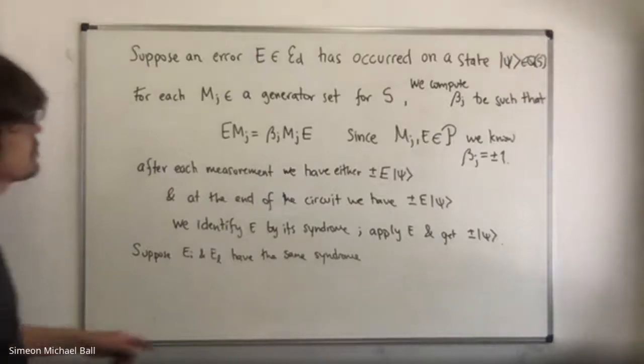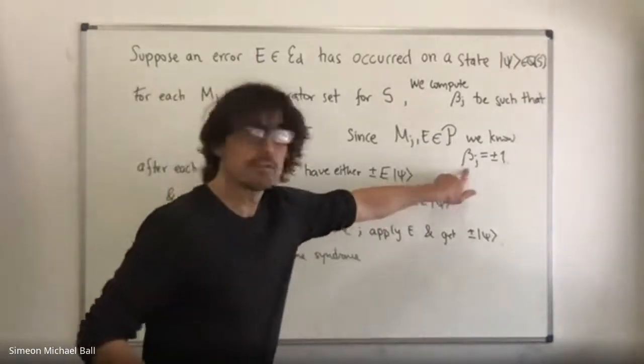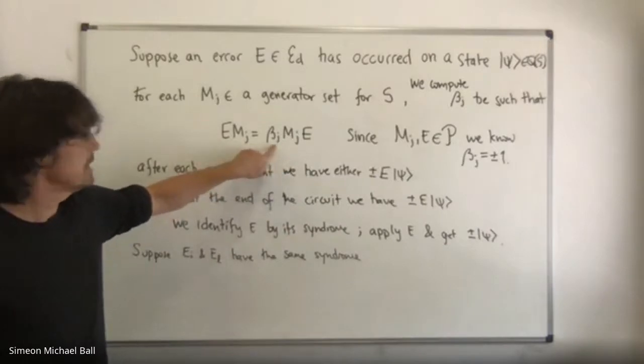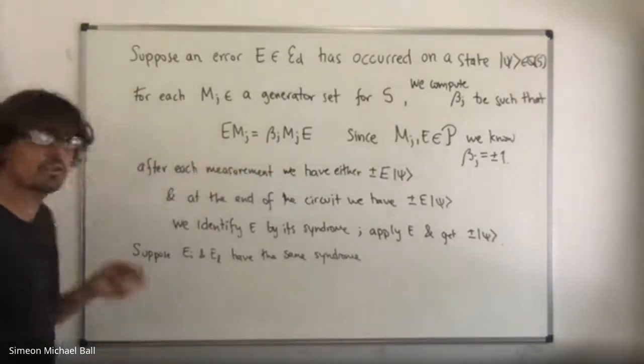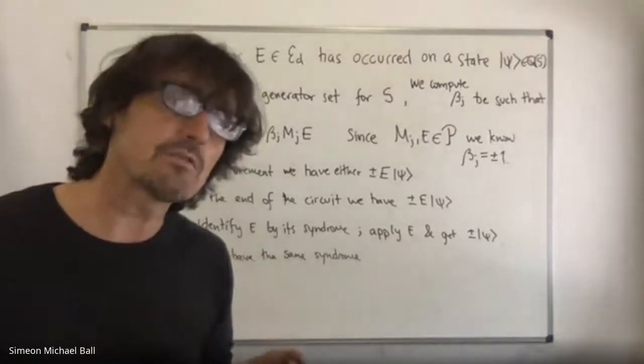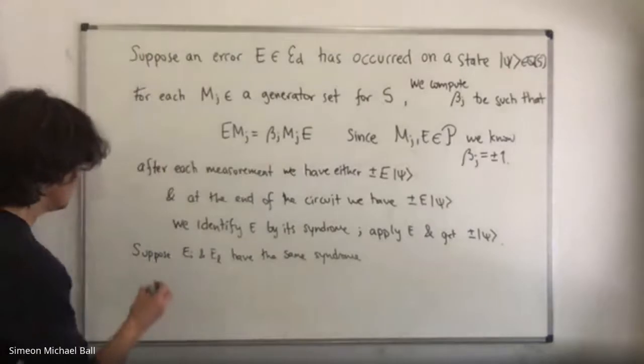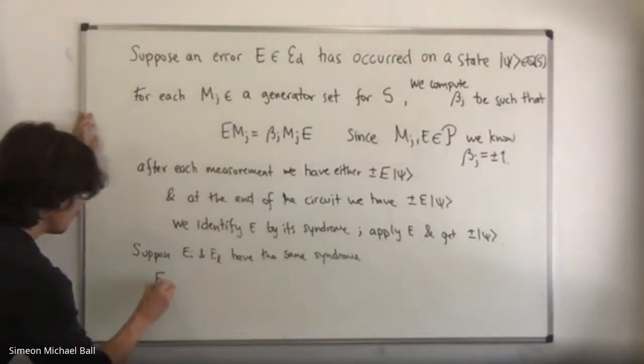If they have the same syndrome, they have the same beta j's. That means that every time we got the same errors, we ended up with the same beta j's. So what I want to show you is that if they have the same syndrome, then Ei El is in the centralizer. So let's see that that's the case.